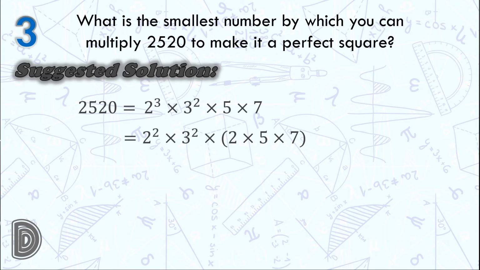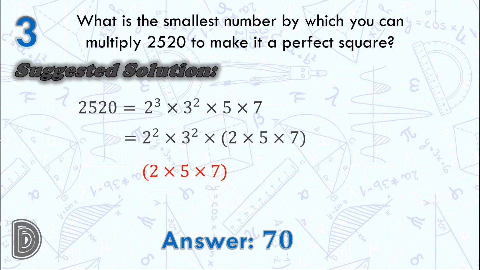So we have 2 squared times 3 squared times 2, that is from 2 cubed, then 5 times 7. Hence, we need to multiply this number by 2 times 5 times 7 to make it 2 squared times 3 squared times 2 squared times 5 squared times 7 squared, which is a perfect square number. So the answer is 2 times 5 times 7, and that is 70.